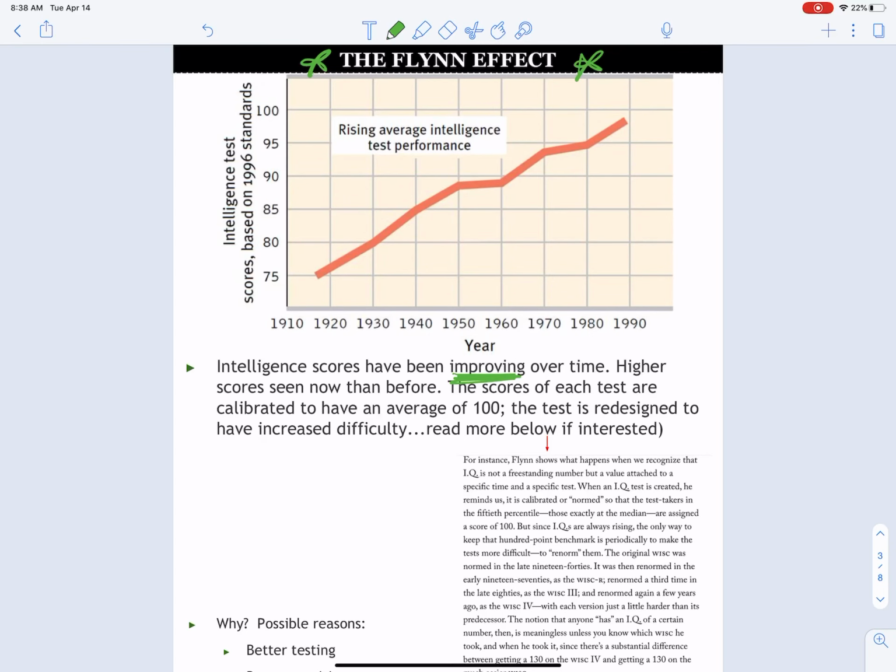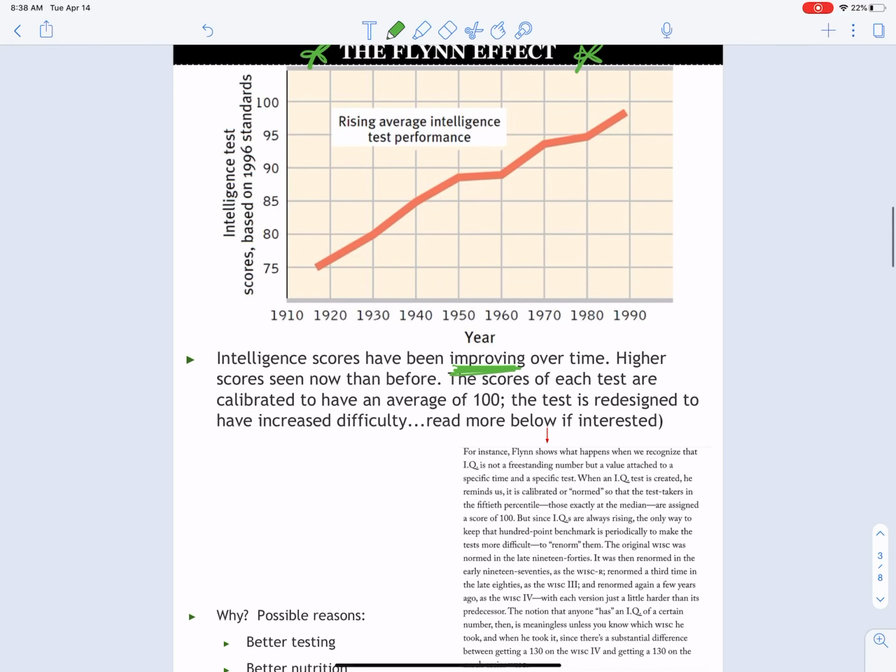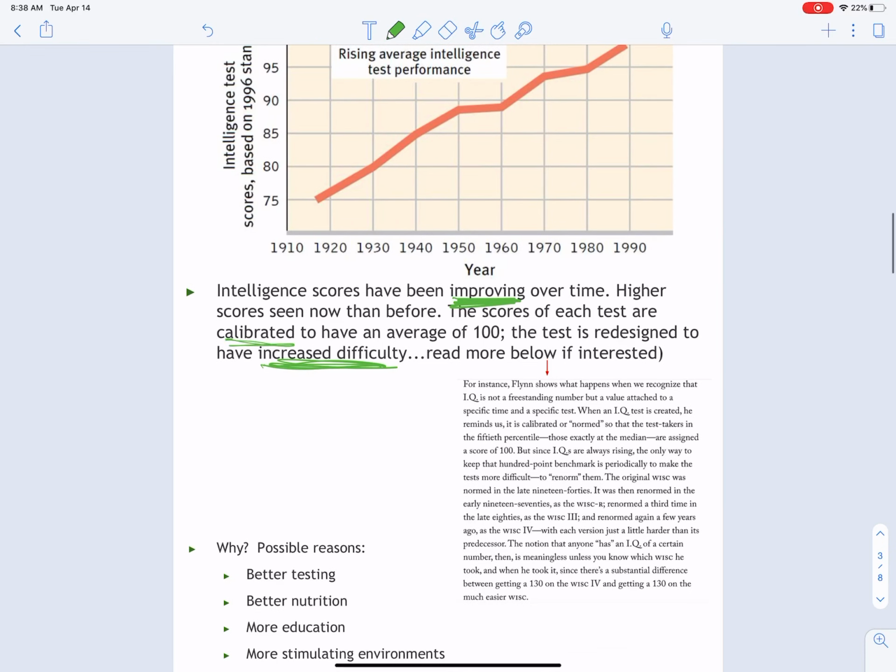And what has to happen is the WISC, that test, has been recalibrated and redesigned, and that's called renorming. So they have designed the test to have increased difficulty, and they have also made sure that they calibrated these scores every year to have an average of 100. So over time, the average for human intelligence is still 100, but that is a result of renorming the WISC. So that has been done a couple times, and that's explained here in this paragraph if you're interested in learning more about that.